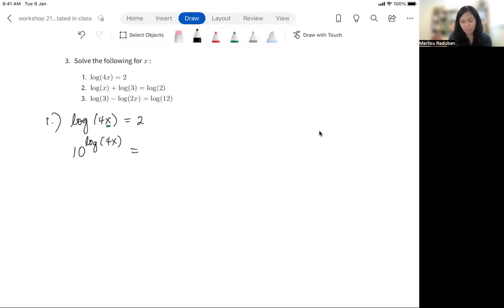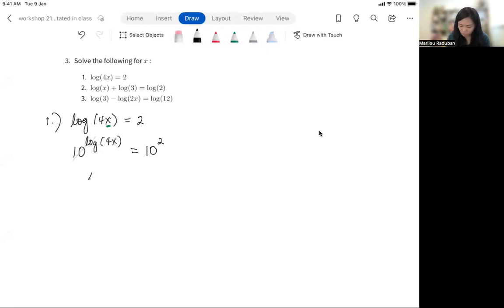Whatever you do on the left side of the equation, you have to do on the right side as well. So you should also have a base 10 on the right side, and then you have the exponent 2. Base 10 and log will undo each other, so you can just think of it as base 10 canceling out the log.